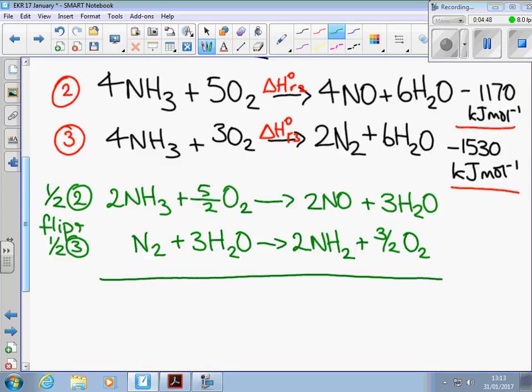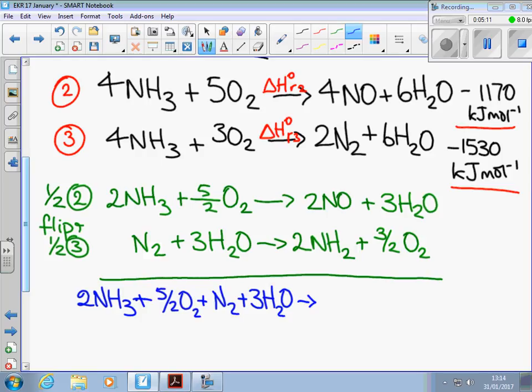So if we add up those two, we get 2 NH3s. Let's add up, let's go as we read them. 5/2 oxygens, 5 halves if you like, an N2, 3 H2Os over that side. All right, that's adding up everything we've now put over there.